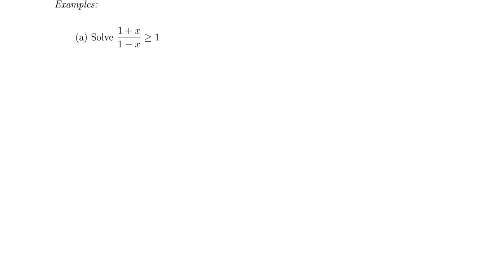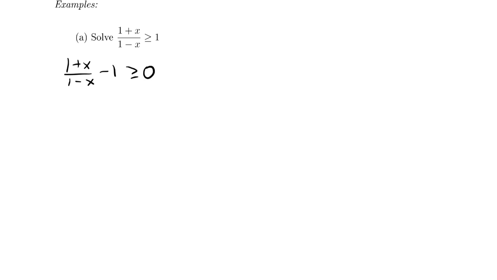All right, so I'm going to bring everything to the left side. So (1 plus x) over (1 minus x) minus 1 greater than or equal to 0, because again, we're trying to compare to 0. Now, what I have to do on the left-hand side is get a common denominator. I have to put this into one fraction.